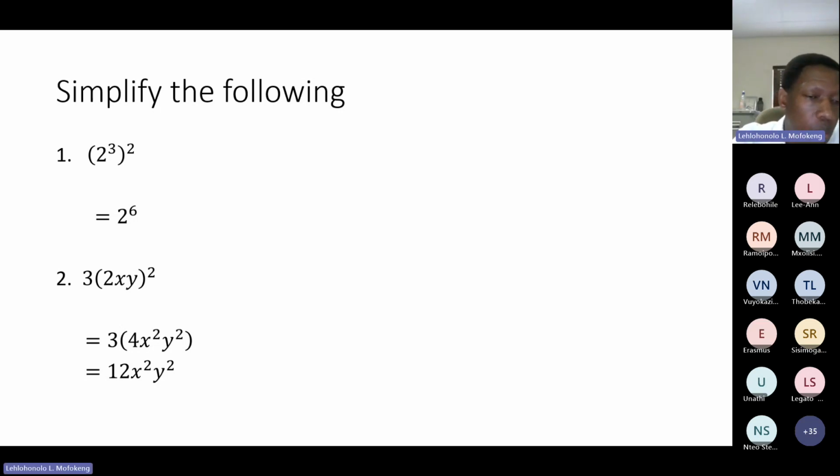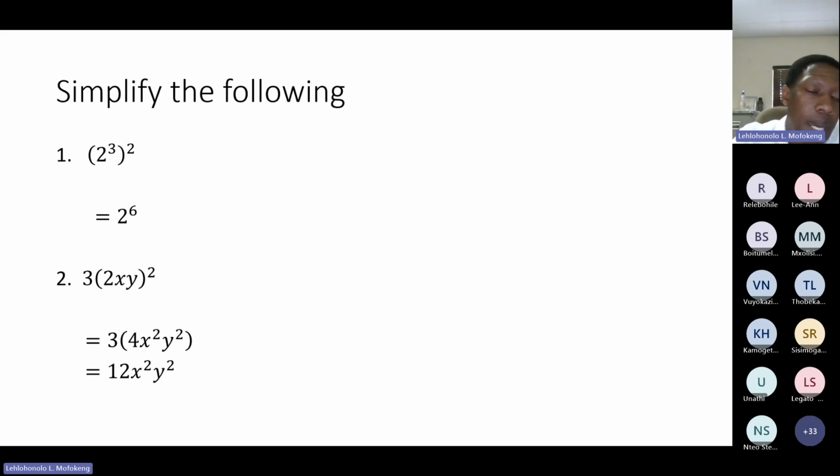And then we do the same with x. The exponent for x is 1, and 1 is multiplied by 2 because x to exponent of 1 is again raised to exponent of 2. So therefore, we multiply the exponents. 1 multiplied by 2, it will be 2.